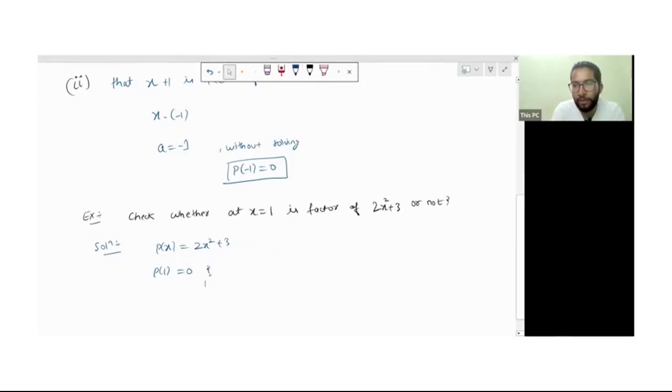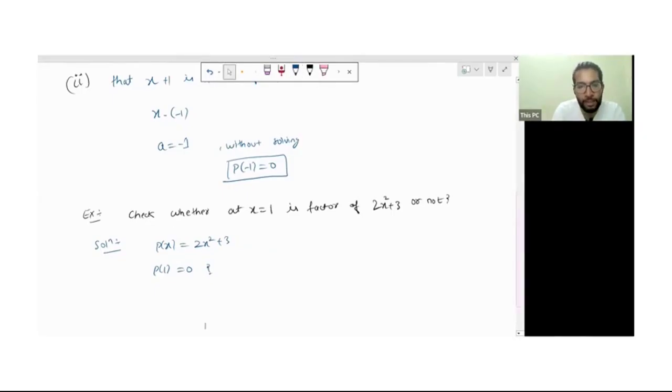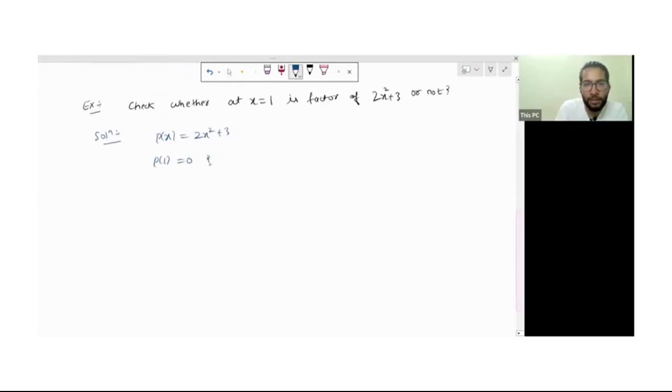If p(1) is equal to 0, then we can say x minus 1 is a factor, otherwise no. So we find p(1), which is 2 times 1 squared plus 3, equal to 2 plus 3, equal to 5, which is not equal to 0. So at x equal to 1, we don't have a factor.